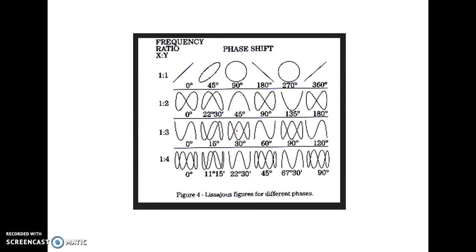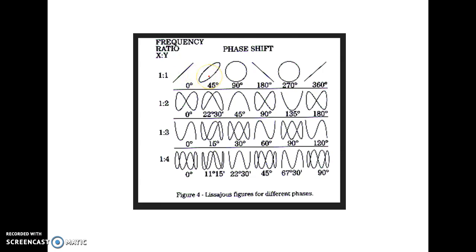These are for different frequency ratios and different phase shifts. Please remember that a circle is obtained only when both the amplitudes are the same and there is a phase shift of 90 degrees. A straight line is obtained when the phase shift is either 0 degrees or 180 degrees.